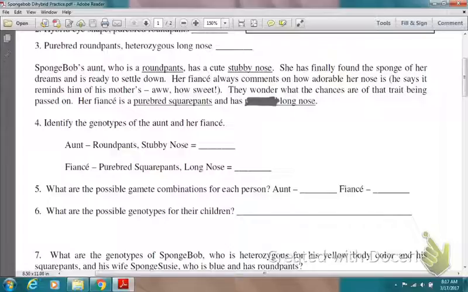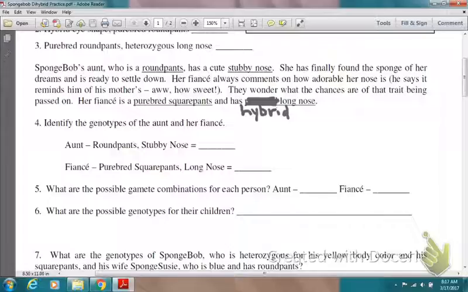Okay, so what I want you to mark out on your worksheet is purebred, and I want you to replace it with the word hybrid. So we're going to replace that with the word hybrid.